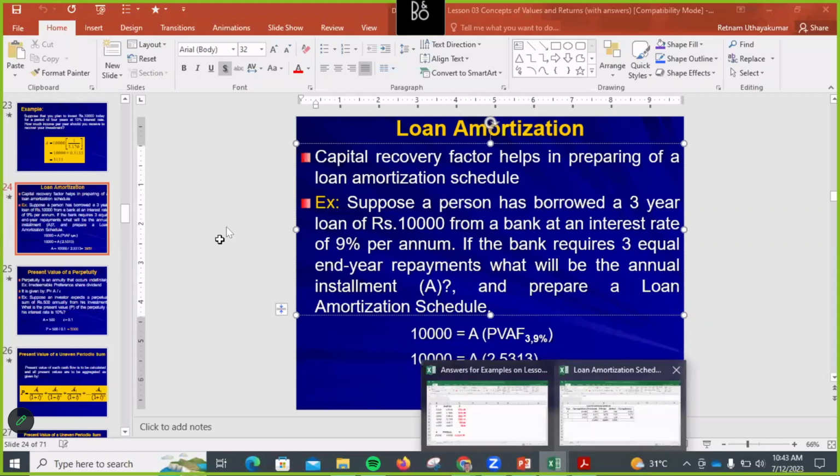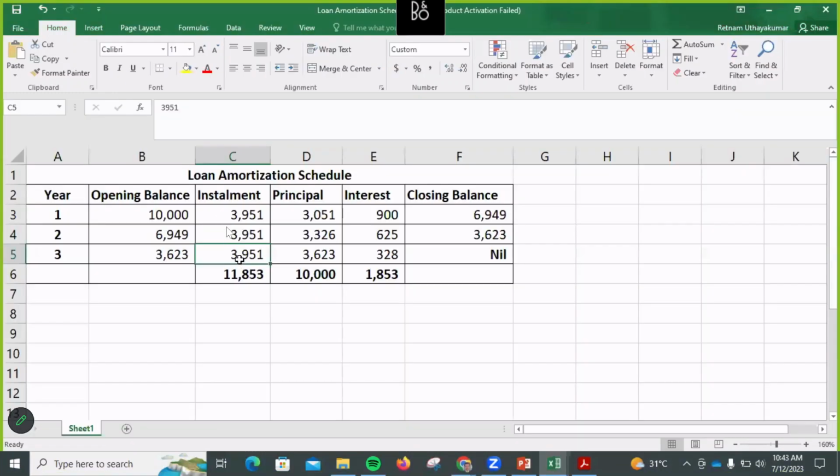So every year the same amount is put. Then the principal and interest to be separately calculated. So how can you separate? The 10,000 due is there, so 9% interest is to be paid on that up to the end of the year. So 9% interest, 900. You take it.